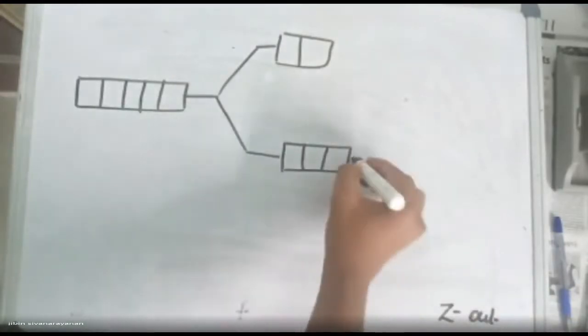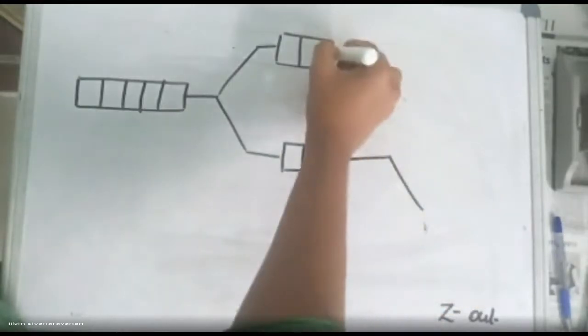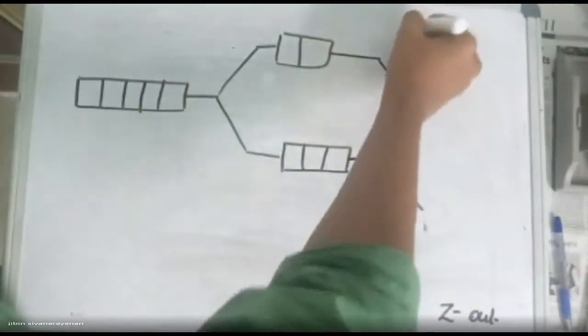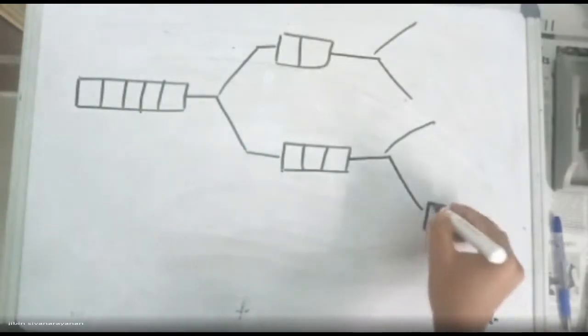I am writing z out first. So once the z axis gets elongated, their energy will be the minimum.